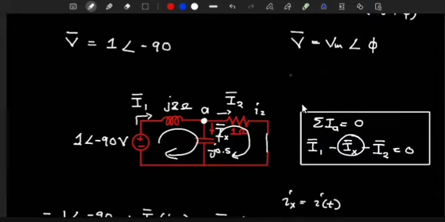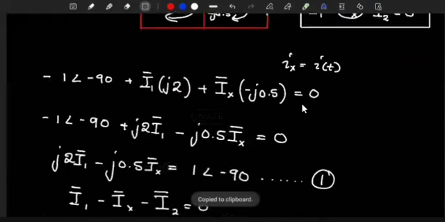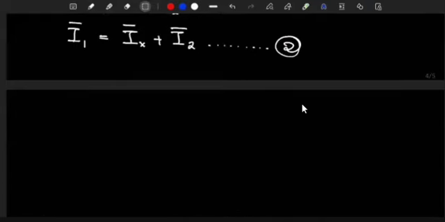So the drop there will have to be minus Ix, multiplying the impedance there, which is minus J 0.5. When we continue, we find the 1 ohm on top, same direction as I2, so we'll have plus I2. And then the resistance there is just 1. So this has to be equal to 0. Are we okay there?